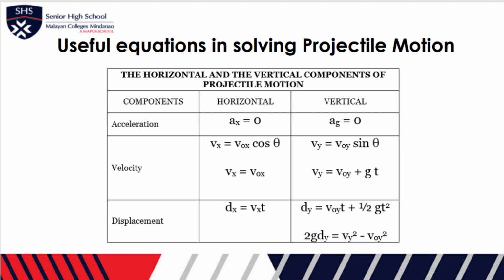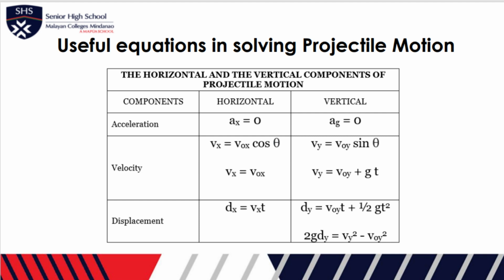Also, you may use v sub x equals initial velocity in x. Now, for the vertical component, v sub y is equal to initial velocity in y-axis times sine theta. Or you may also use v sub y equals initial velocity in y-axis plus gravity multiplied by time.